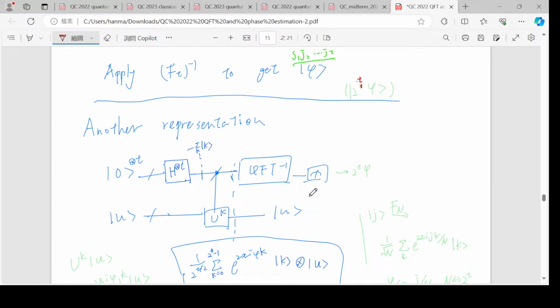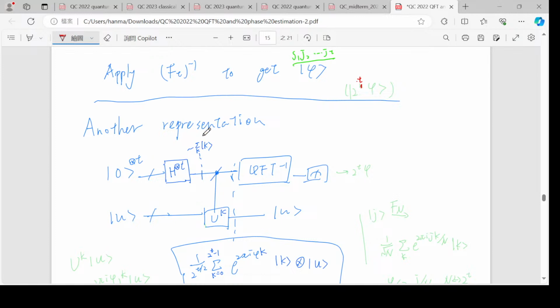I think this is also something that you can see on Wikipedia. So you have T bits of 0 here at start, and then you apply Hadamard on all T bits. And now you think about all those computational basis as a summation over all possible computational basis states from 0 to 2 to the T minus 1.